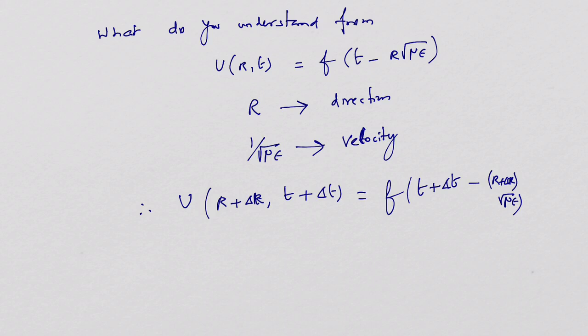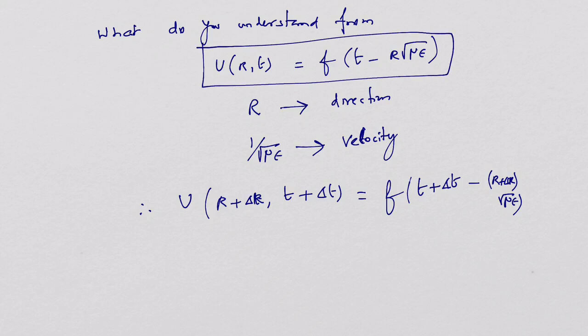Because you know very clearly that u of r comma t is f of t minus r into square root of mu epsilon, u of r plus del r comma t plus del t will become proportionately modified.